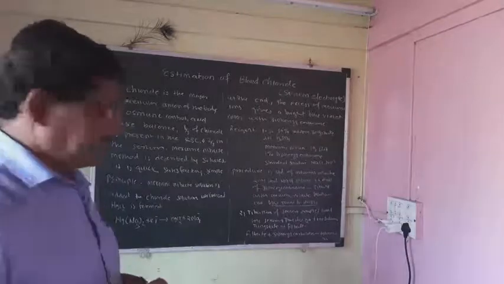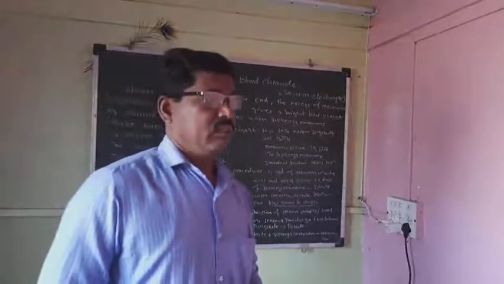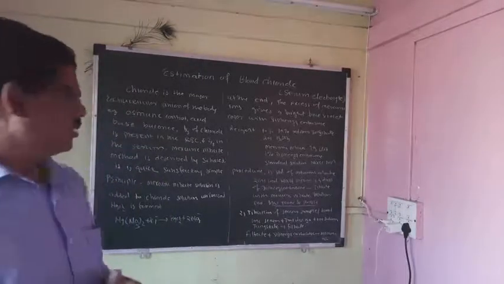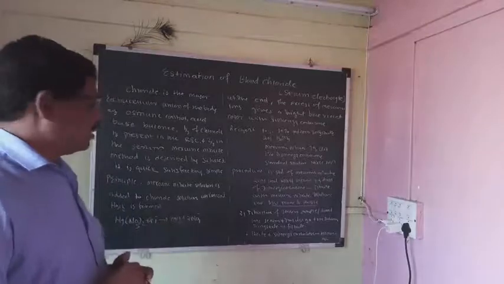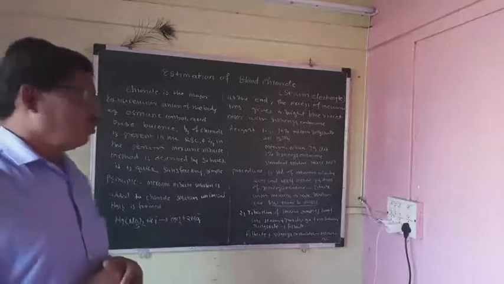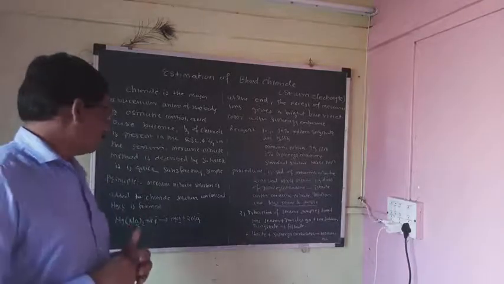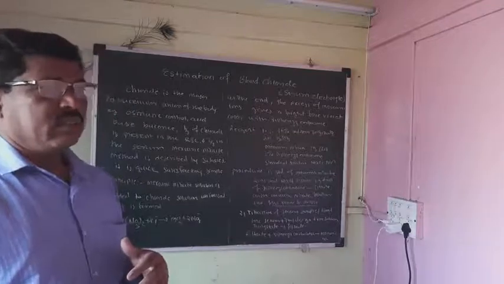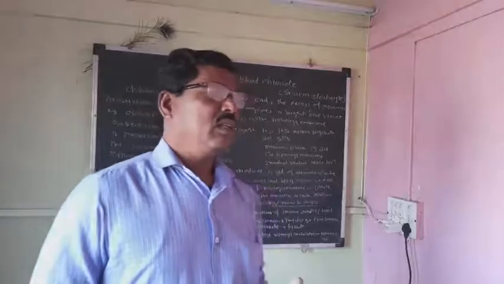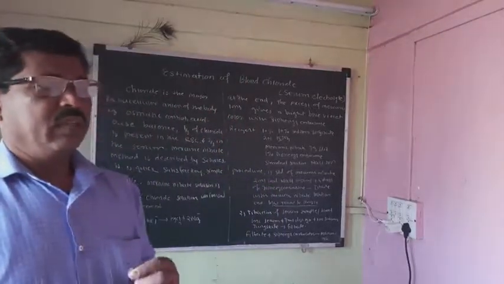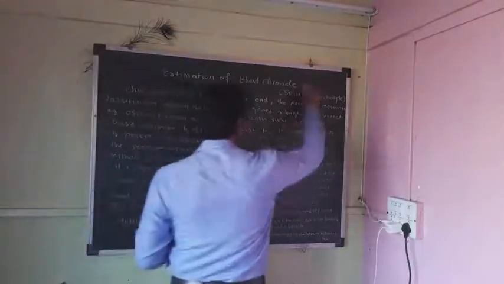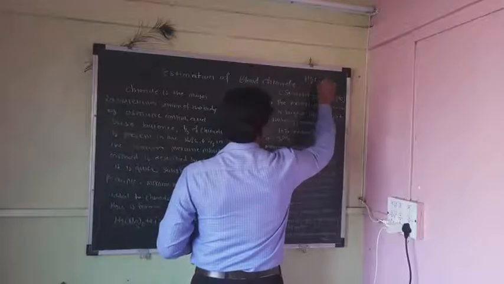And therefore the principle of the estimation of chloride from the RBC or red blood cells: the mercuric nitrate solution is added to the chloride serum solution and forms unionized mercuric chloride, HgCl2.